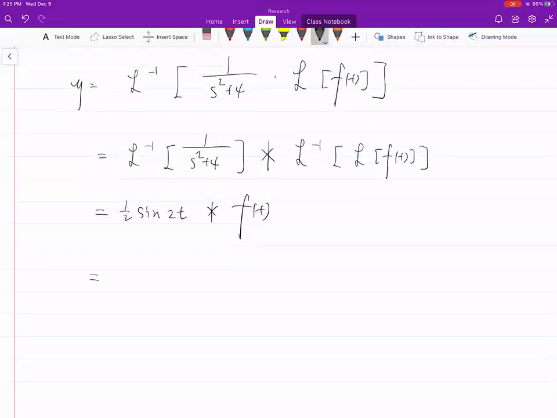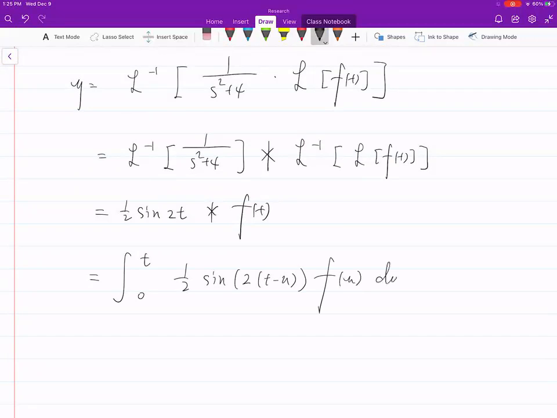Finally, write the formula. That is the integral from 0 to t of 1/2 sin(2(t − u)) f(u) du.